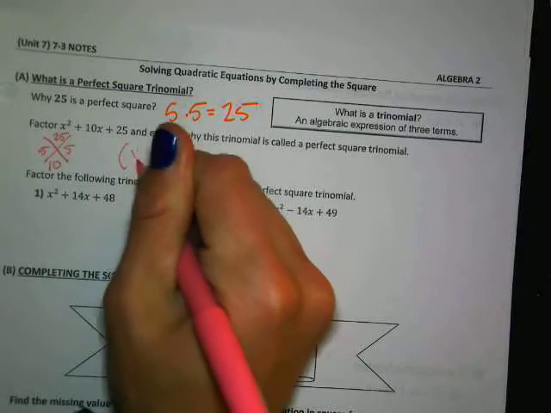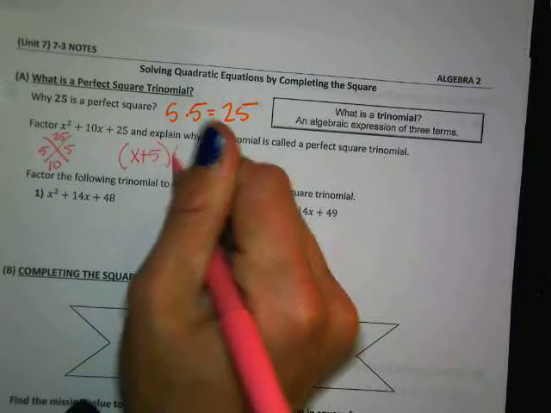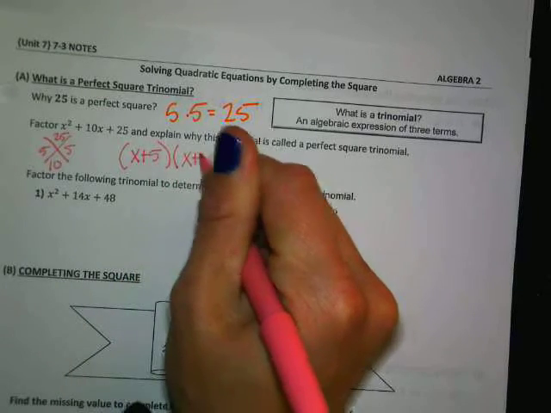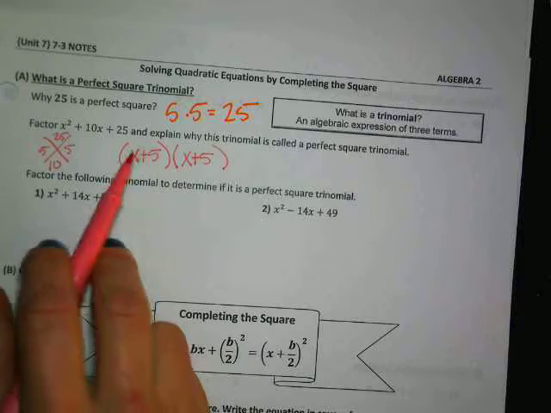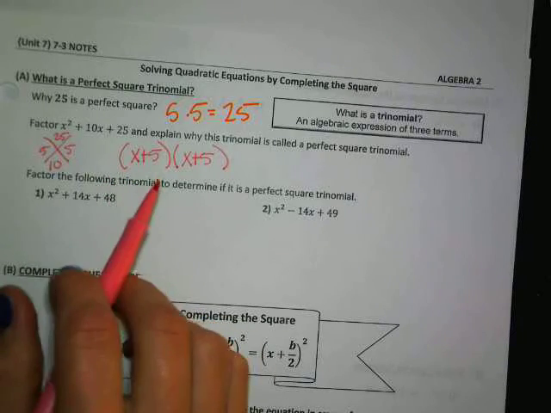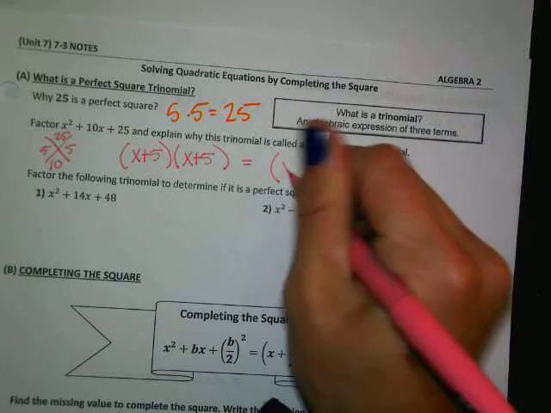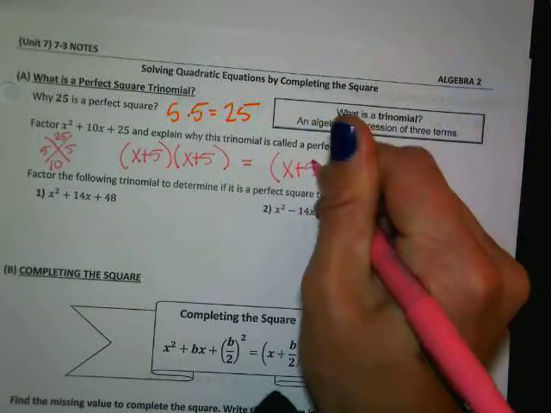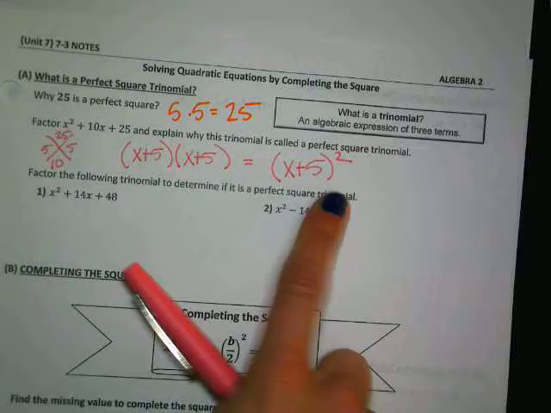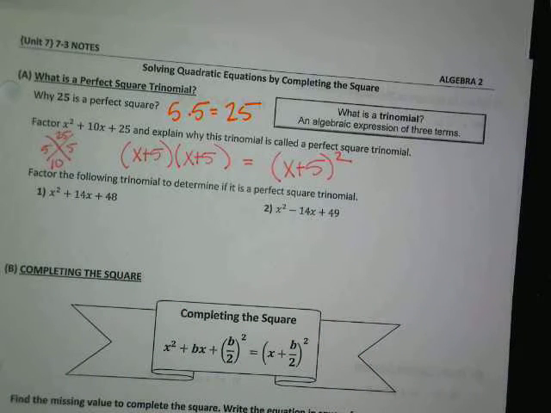So I can write this as x plus 5 times x plus 5. And what do you notice about these two factors? They're the same. Squared, right? So you can write this as x plus 5 squared, and that is what a perfect square trinomial is.